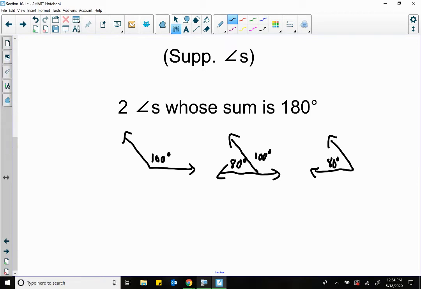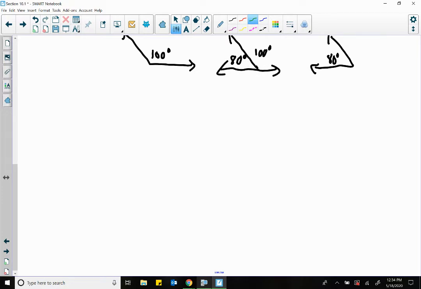A couple other things when it comes to complementary and supplementary: the biggest thing that plagues students is we forget which one is which. So let me give you some key diagnoses to how we remember this. Remember, complementary starts with C and is all about 90 degrees. Okay? Supplementary starts with S and is all about 180 degrees.